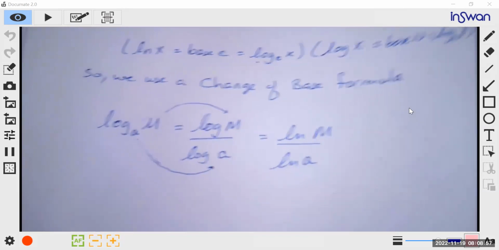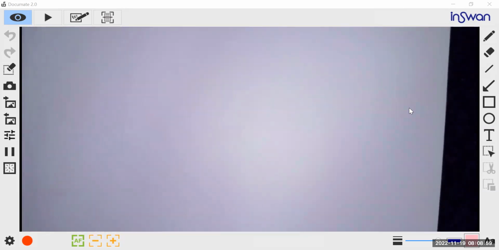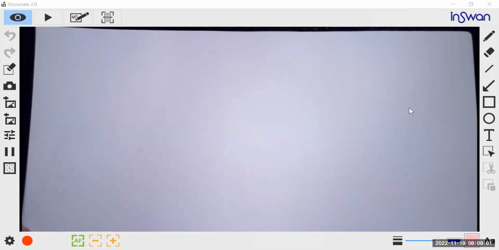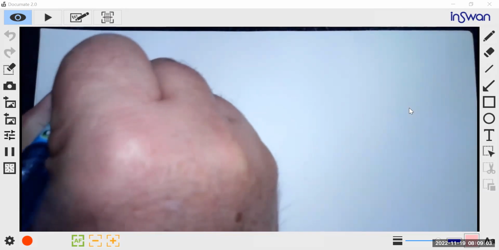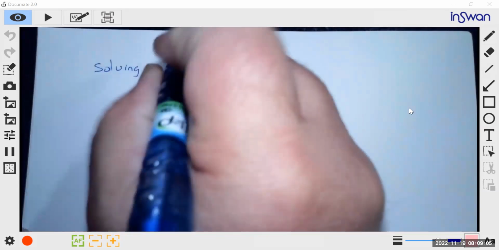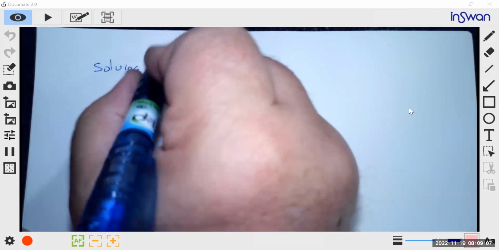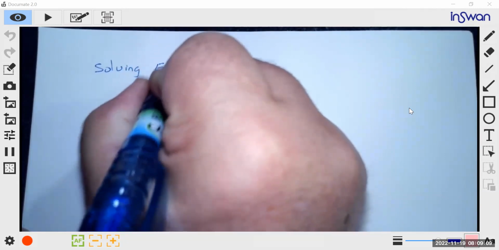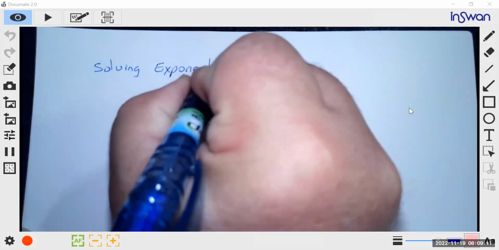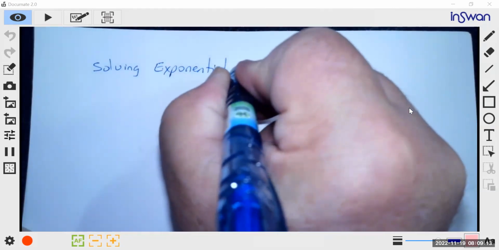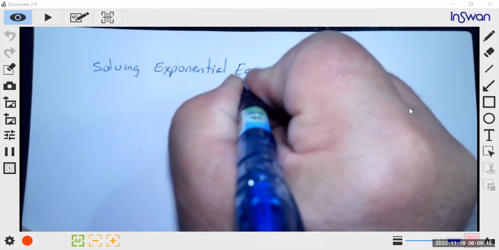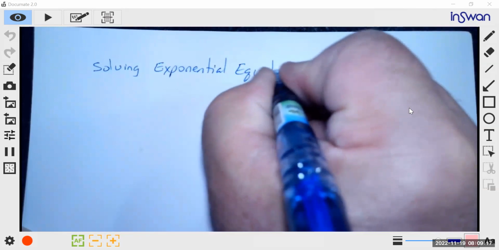All right, let's look at some examples. Solving exponential equations.